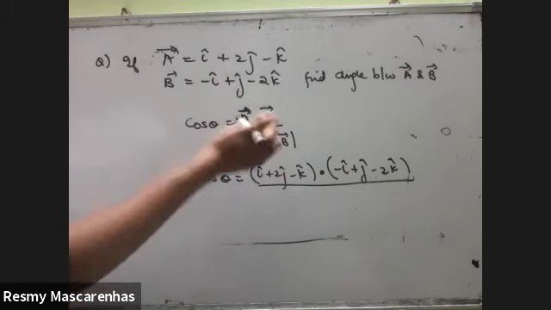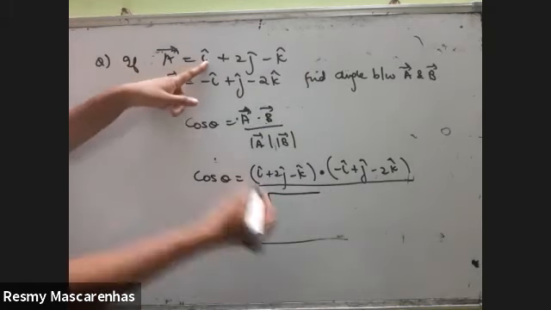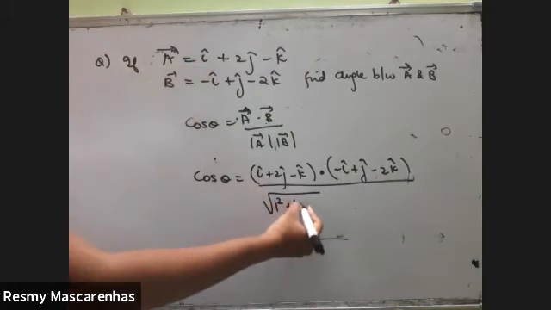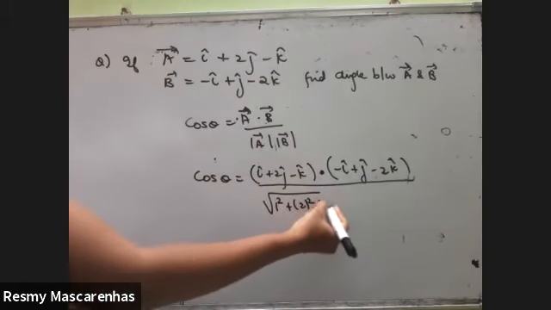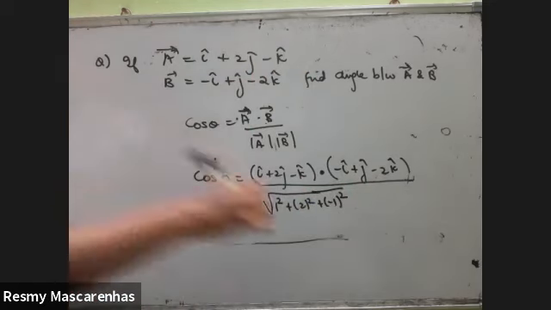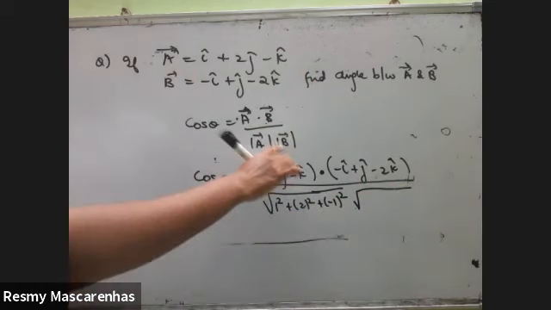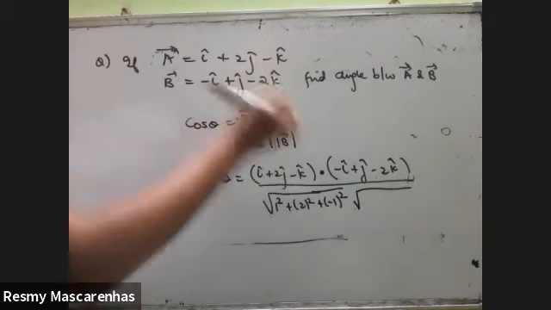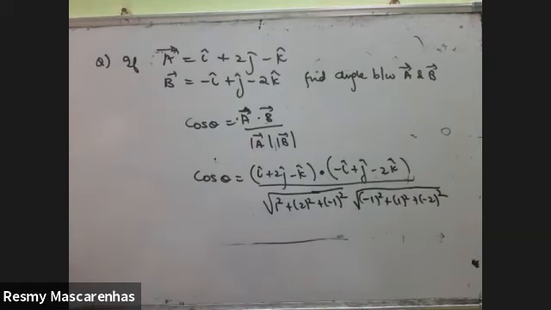Magnitude means always find it by putting it in the root. So magnitude of A will be 1 square, 2 square. Minus, if you want to use it you can, otherwise you can ignore it also, doesn't matter, because after squaring it becomes plus. Then magnitude of B bar means this fellow's magnitude. So this is the substitution part.